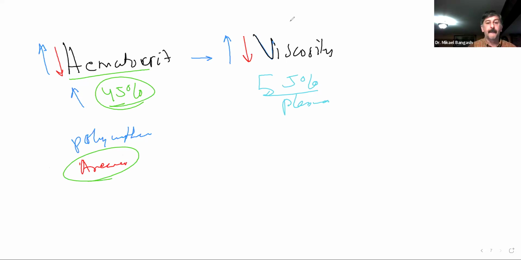Is that clear? That's just because the iron content of the blood is lower than normal. Clear? So that kind of anemia we call an iron deficiency anemia.